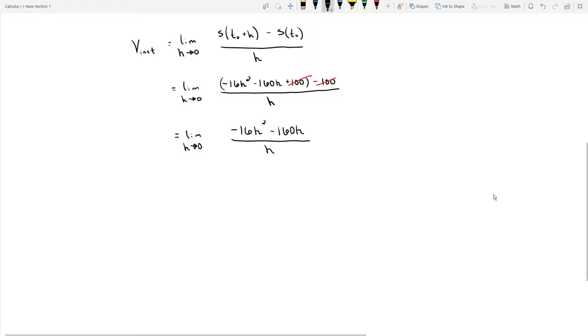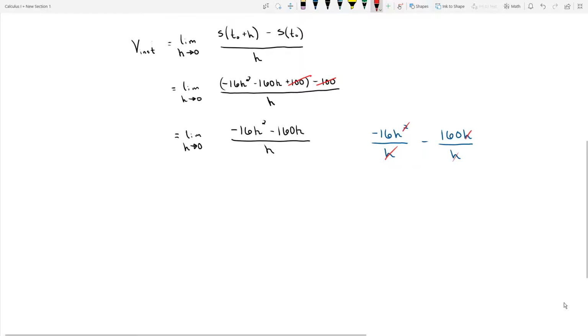Now at this point, you could do a couple things. You could just factor out from each one of these terms. So I just want to show how this actually looks. If we have this split apart as just a standard fraction, we would have 16h squared over h minus 160h with that same denominator. And you can easily see now that you could reduce such that this is negative 16h minus 160.